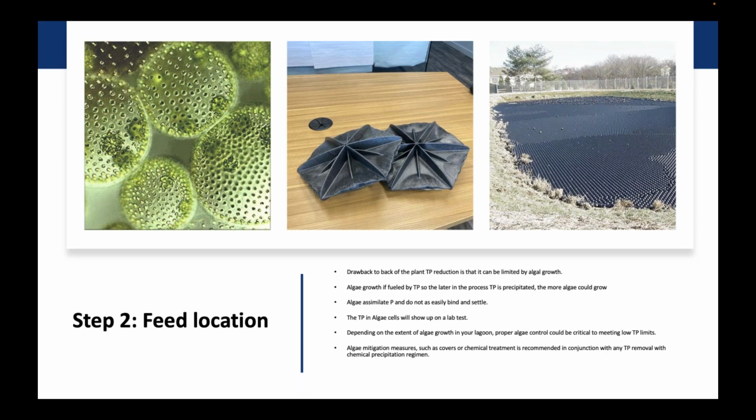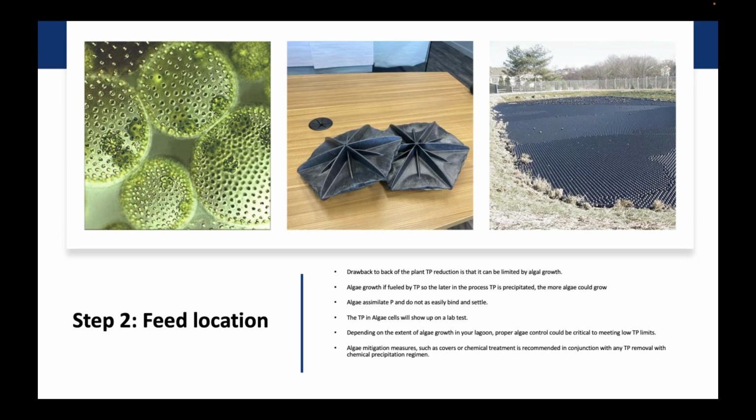And then further downstream, if you have to put a filter in to meet a really low phosphorus limit, the phosphorus will actually squirt through the filter. It'll squeeze through the 10 micron or 5 micron filter in a lot of cases. And ultimately the algae gets tested, and the algae turns up as phosphorus in your test result.